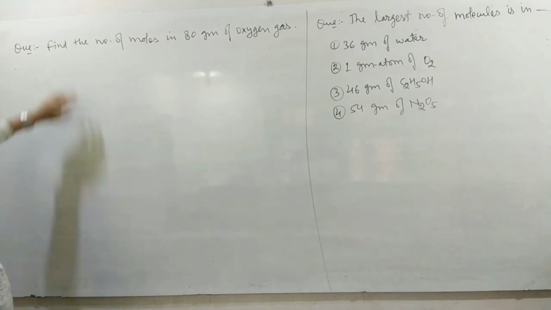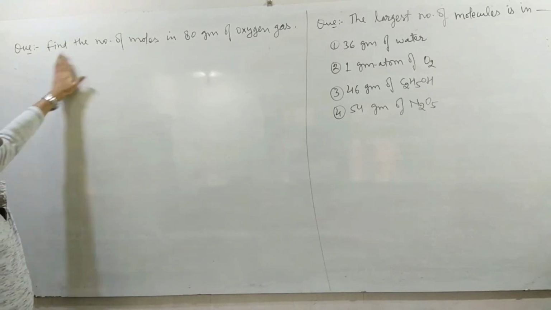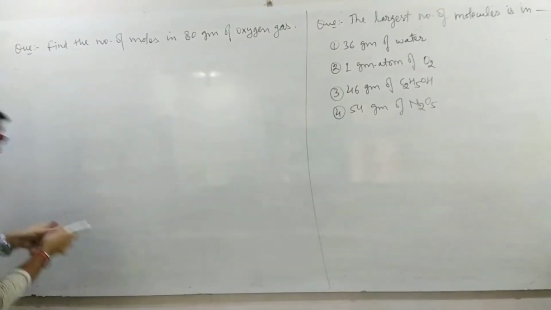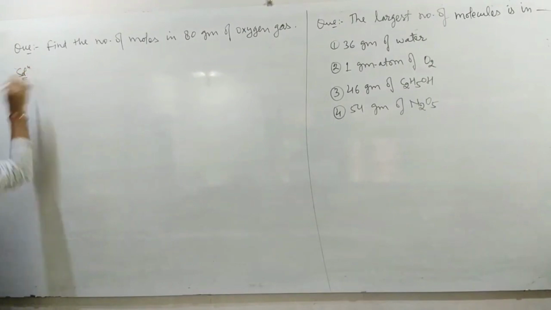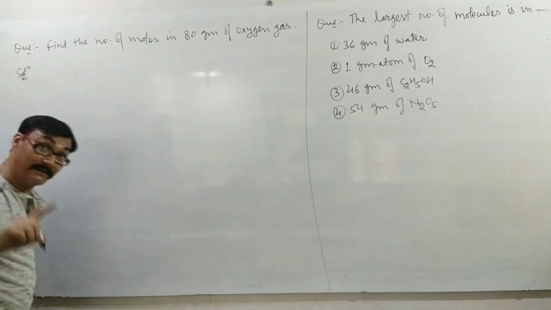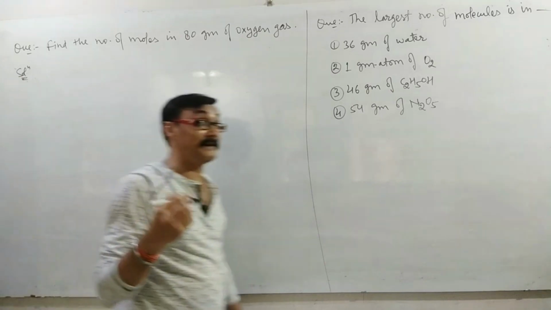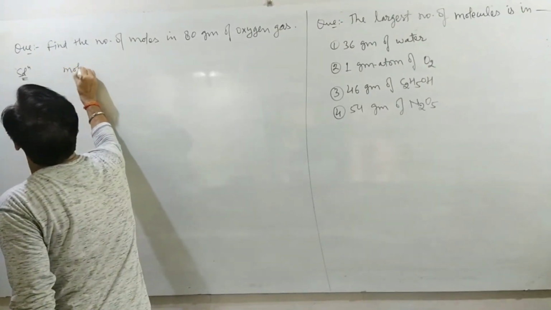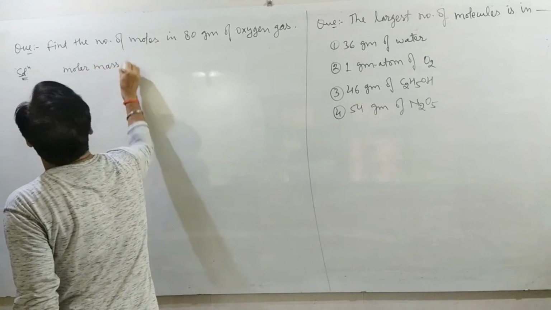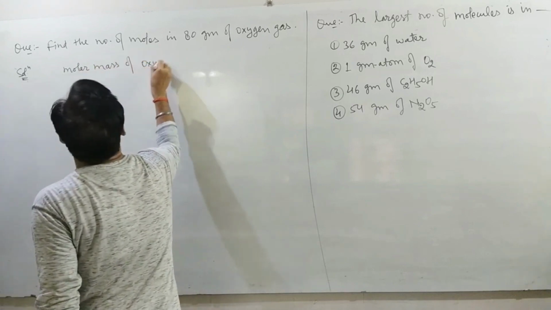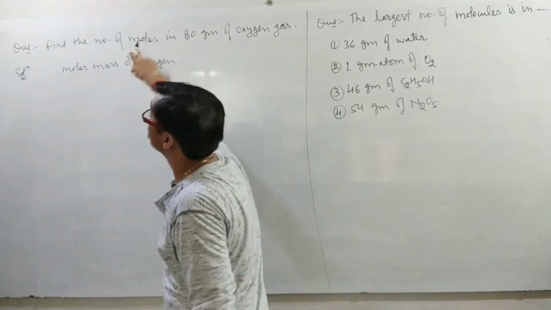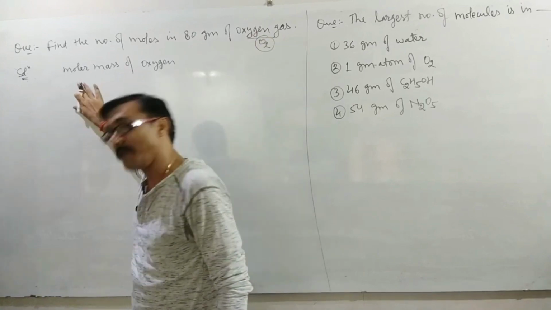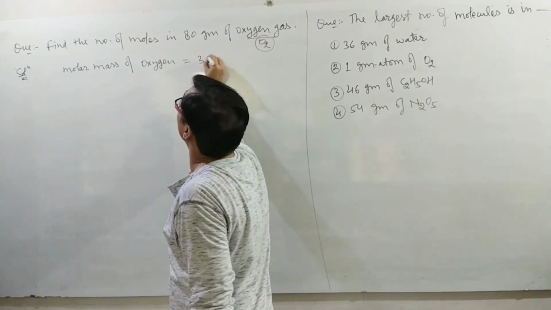And now, the question. Find the number of moles in 80 gram of oxygen gas. Solution. By unitary method, as we have studied in class 5th or 6th, we know that molar mass of oxygen, in case of molecules, oxygen gas, that is molecule, so it is gram molecular mass of oxygen is 32 gram.